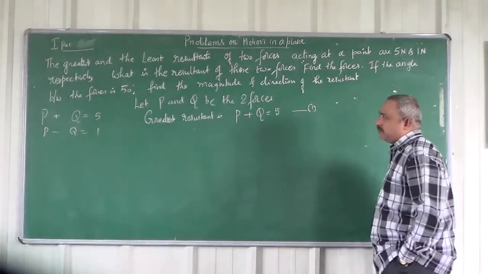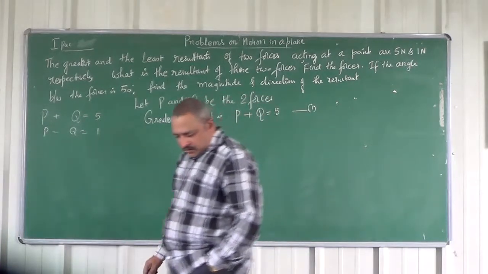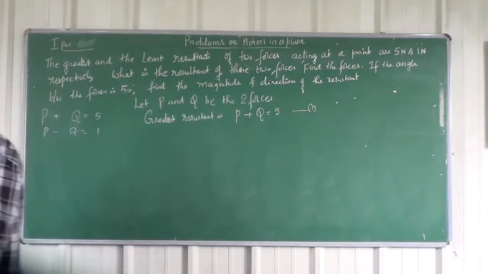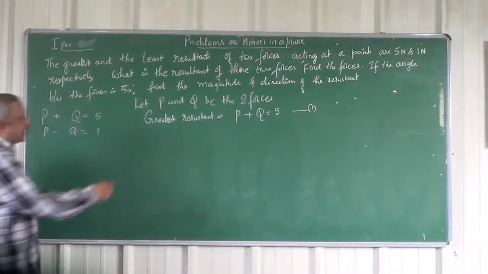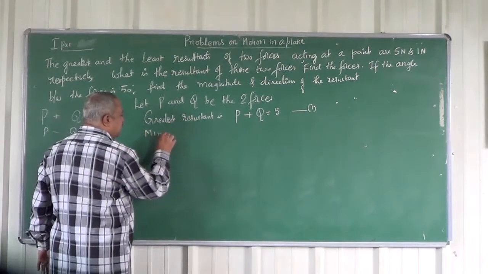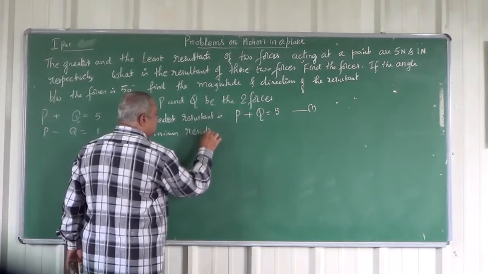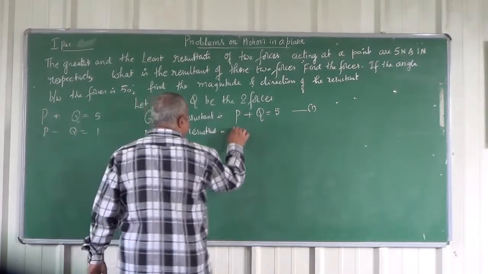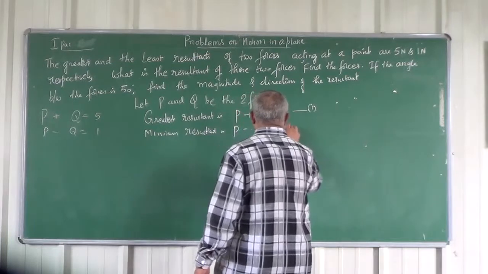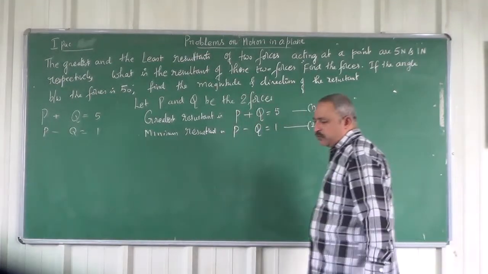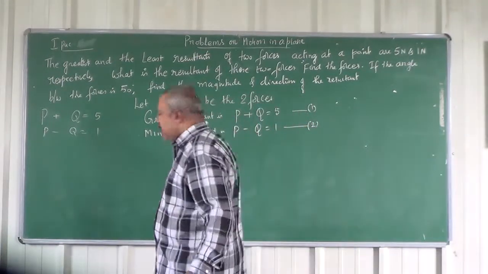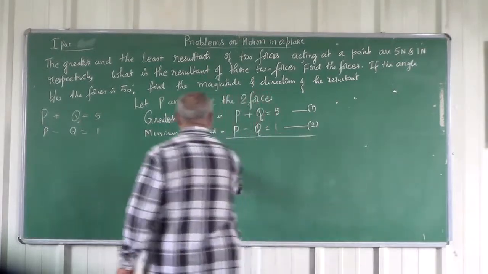Call this equation 1. The least or minimum resultant is P minus Q is equal to 1. Call this equation 2. Now let's solve them immediately.